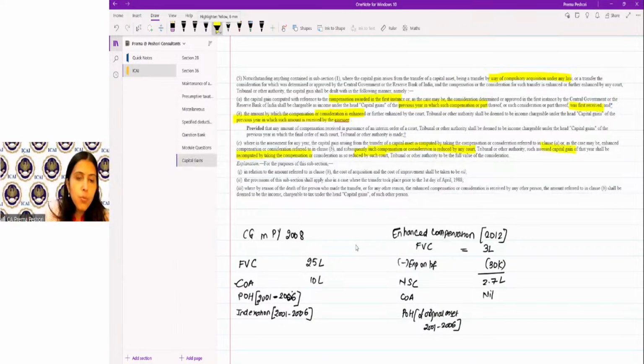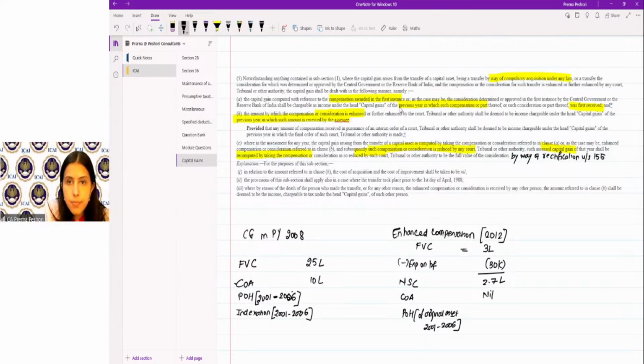So recomputation will be made if the compensation is reduced, and how will that be done? That shall be done by way of rectification by the AO under section 155.